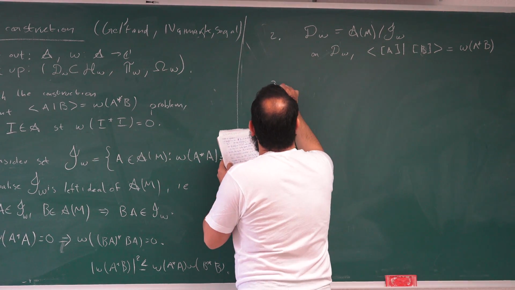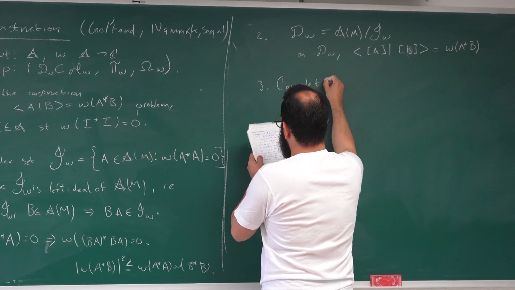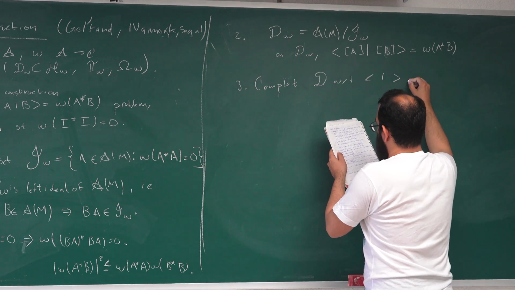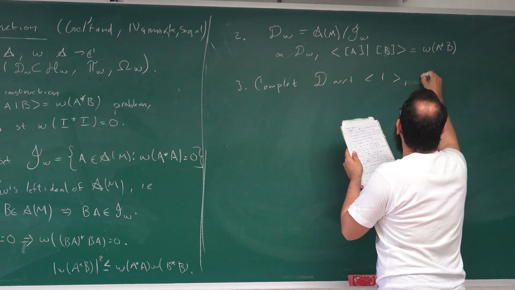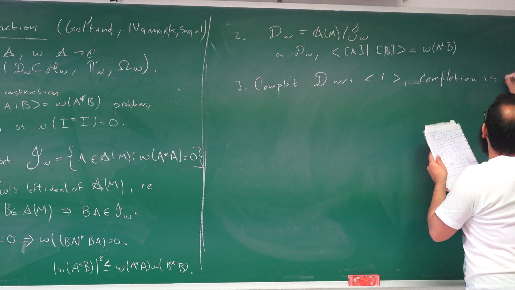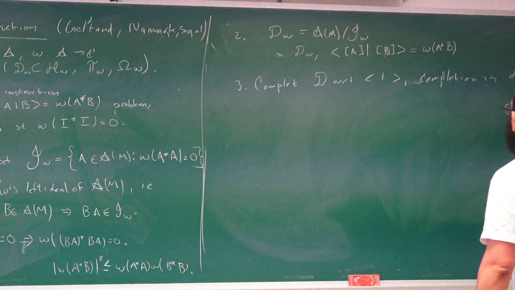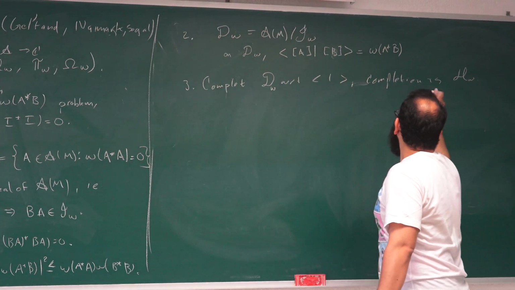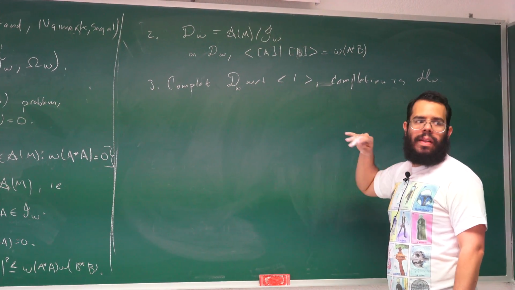And third point, complete with respect to this, and we call the completion the Hilbert space. The completion simply means you take Cauchy sequences here and you add the limiting points.